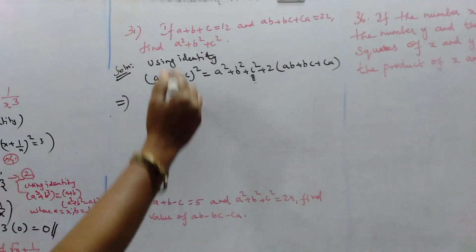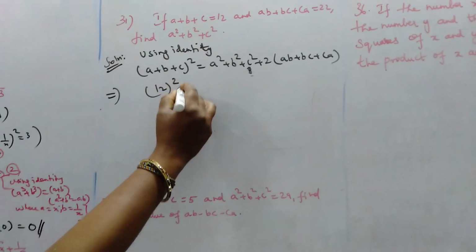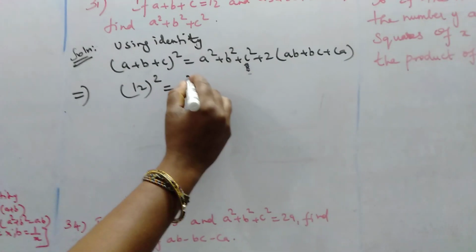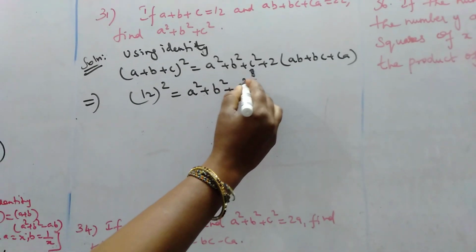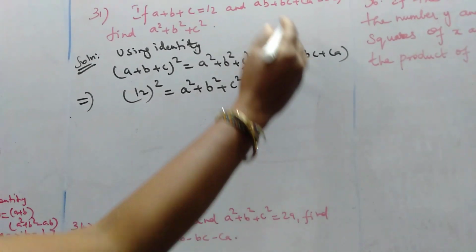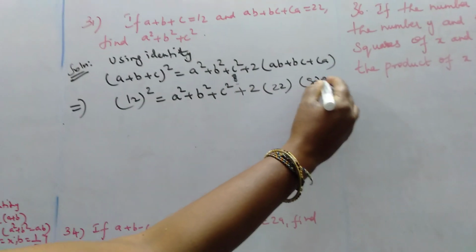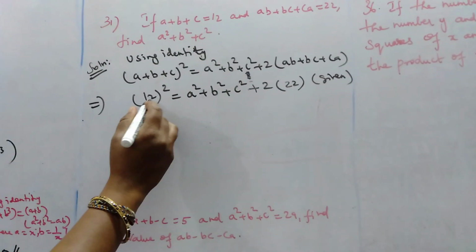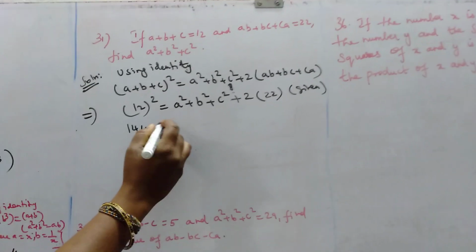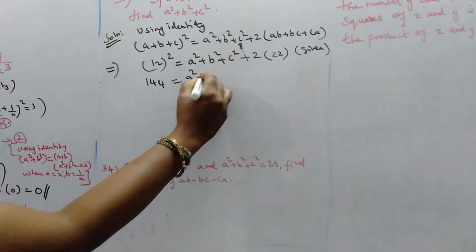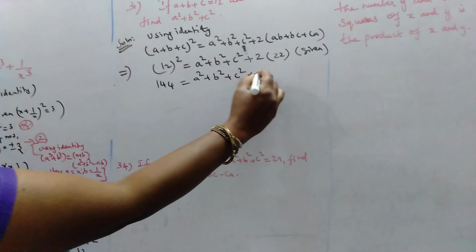So which implies what is given? A plus b plus c, which is what? 12 square equal to, so we are supposed to find a square plus b square plus c square, right, as it is, plus 2 into ab plus bc plus ca is equal to 22. So some values are given, so I am writing given. So 12 square is 144 equals a square plus b square plus c square plus 44.